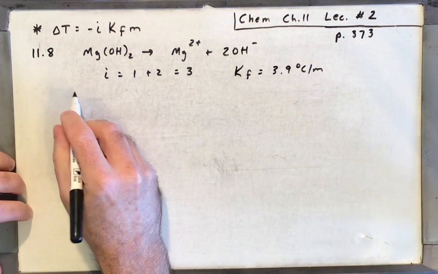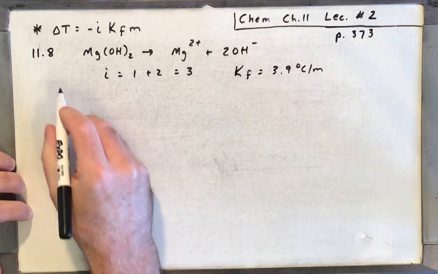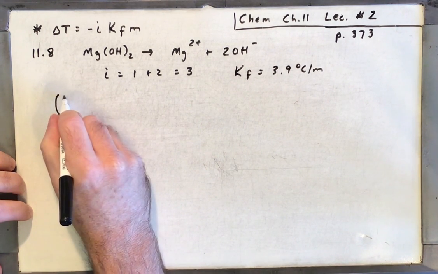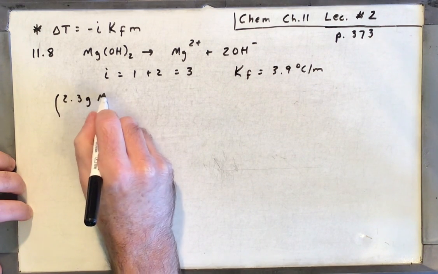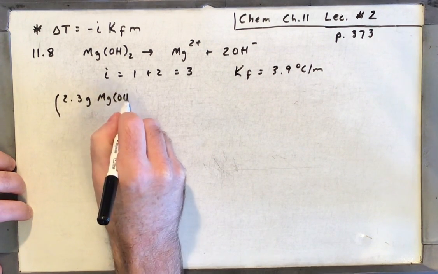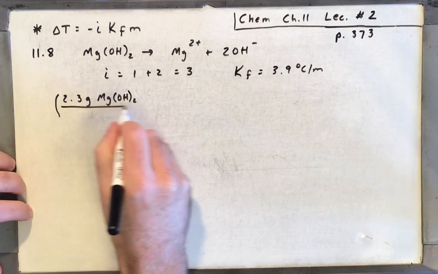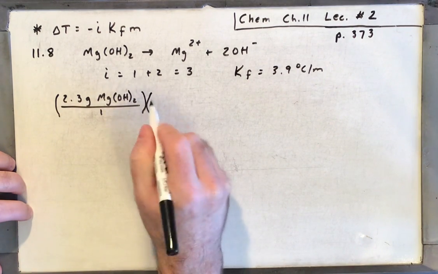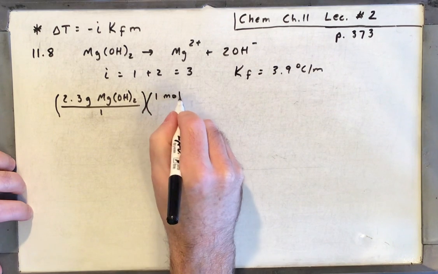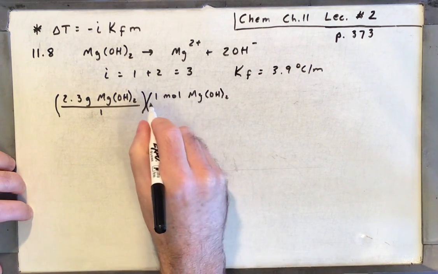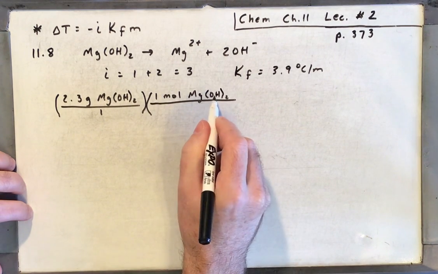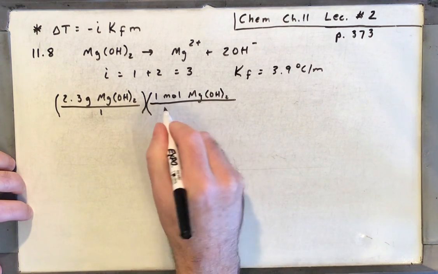So we need to figure out the molality. To do that, we've got to figure out moles, 2.3 grams of magnesium hydroxide. Let's get that to moles. Adding up magnesium hydroxide, that's 58.3.